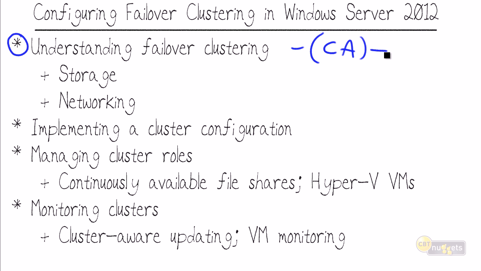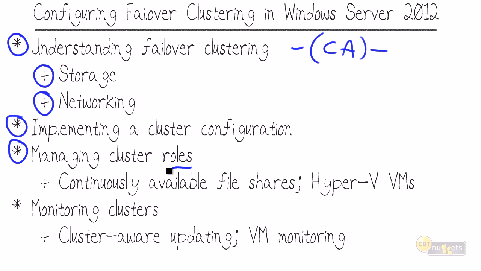We'll understand by the end of this nugget exactly how failover clustering works in Windows Server, the storage requirements, the networking best practices, the click-through procedure for creating a cluster configuration, and then adding workloads to a failover cluster. The term in Windows Server 2012 is roles.